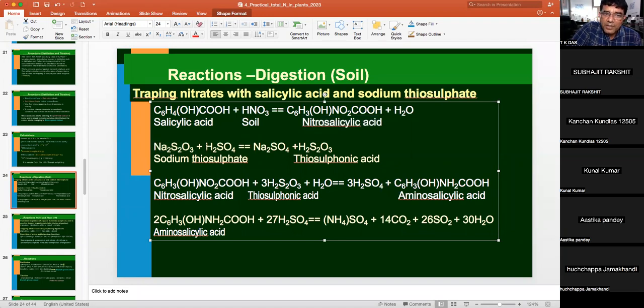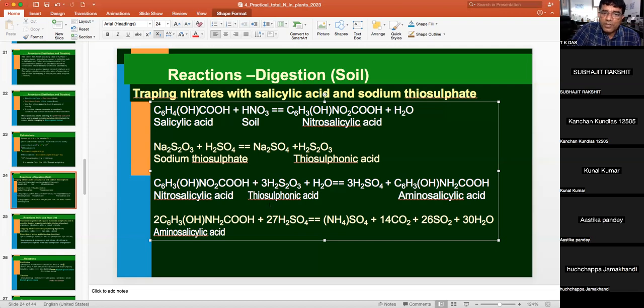It will react with the sulfuric acid and form sodium sulfate and thiosulfurous acid, H2SO3. Nitrosalicylic acid, formed by salicylic acid in soil, which has trapped the nitrates, will react with the thiosulfurous acid H2SO3, which was formed by sodium thiosulfate.